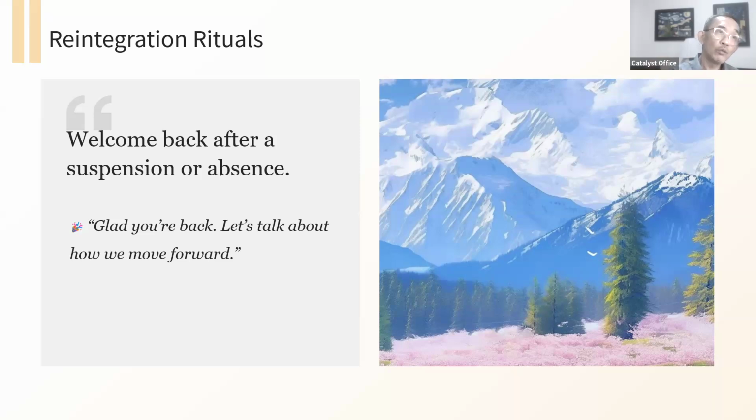Once the student is back, you say, hey, welcome back. So you are now coming across as, okay, all is forgotten. Let's not focus on what you had done. Let's move forward. You're back, and welcome. And it's good that you're back.